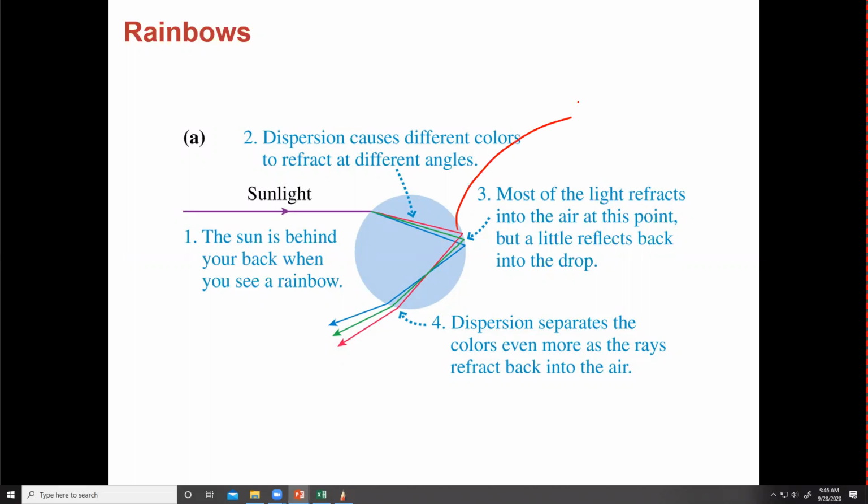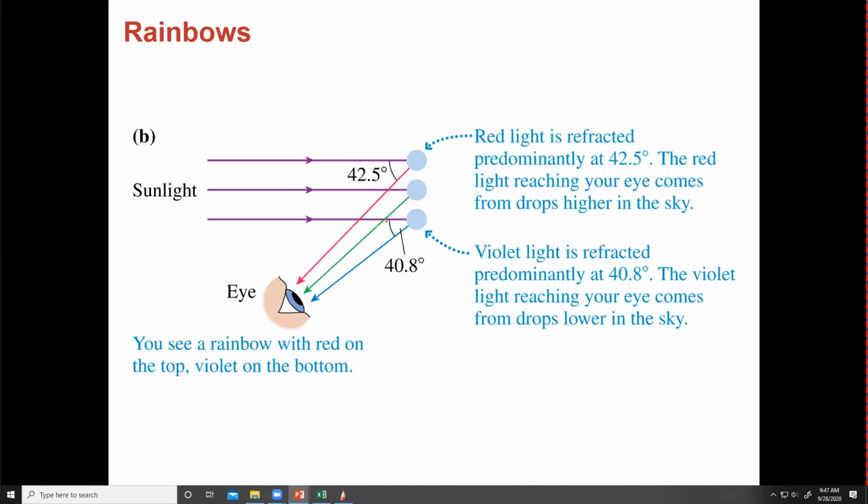There is TIR. Okay, so these rays are not refracted to the air. Instead, they are reflected back in the same medium, which is TIR. And then when the colors come out of the water droplets, once again they are refracted, spreading them into a wider angle.